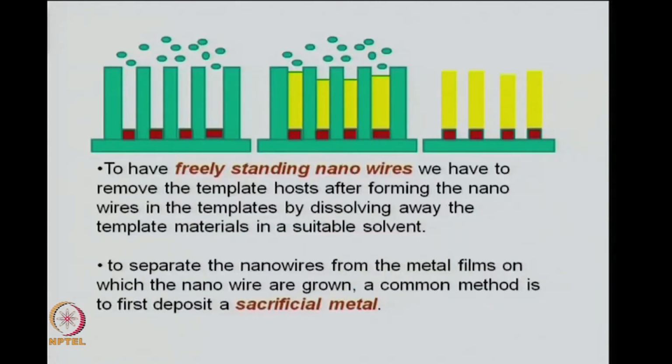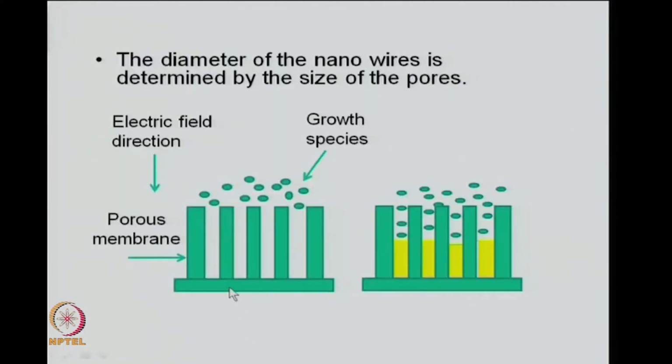Now, sometimes, to get freestanding nanowires, as we discussed here, you will always have this electrode connected to these deposited nanostructures. If you want only this yellow part, that means the nanowire which is growing, then you will have to remove this electrode.